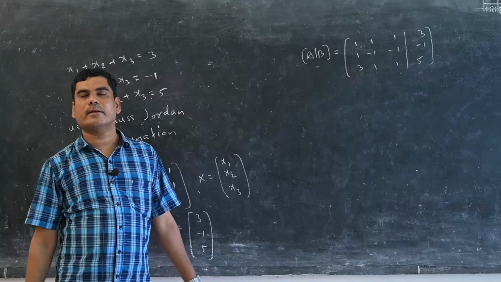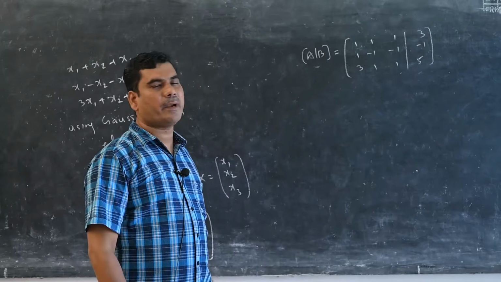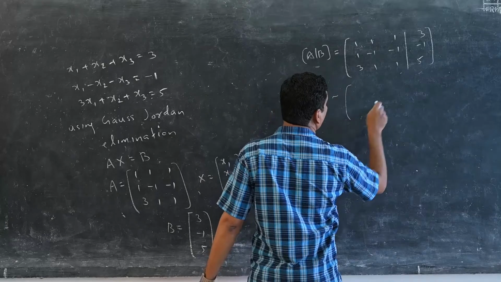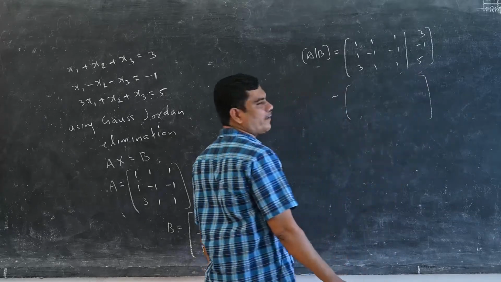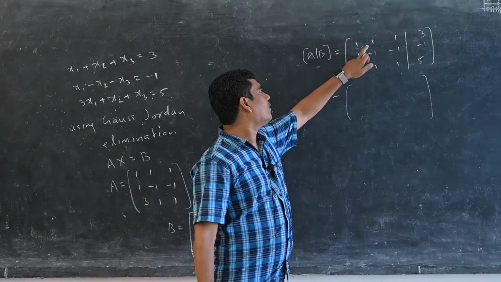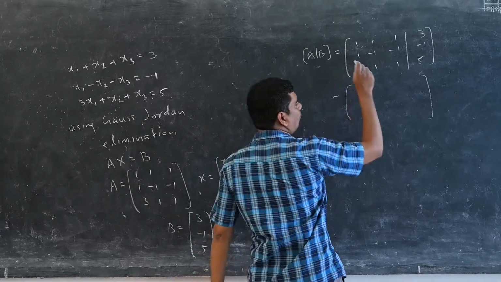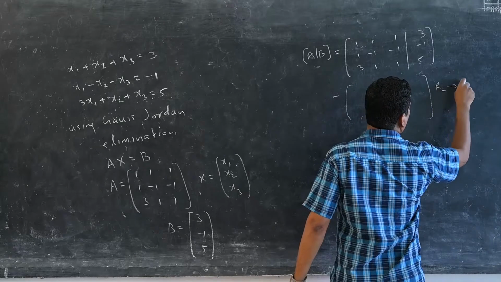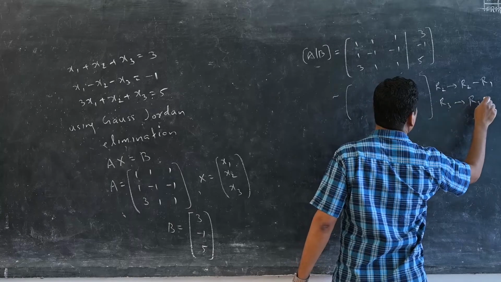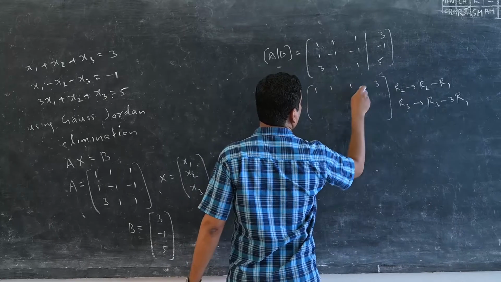Now we find the row reduced echelon form of this augmented matrix AB. For that we take the first non-zero element in the first row. Here it is already 1. So we make the other elements in that column zeros. We have to make this 1 zero, this 3 zero. R2 goes into R2 minus R1, R3 goes into R3 minus 3R1. The first row is 1 1 1 3.